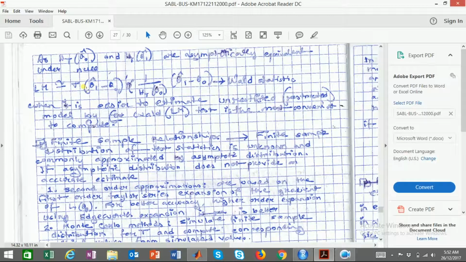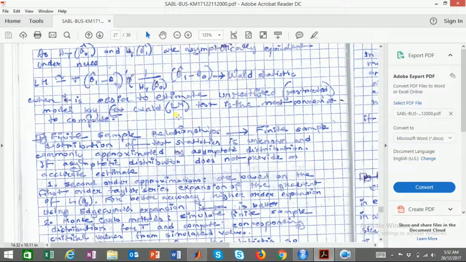Previously we showed that the likelihood ratio statistic converges asymptotically, and the Lagrangian multiplier statistic converges asymptotically too. Wow, that's very interesting. When it is easier to estimate the unrestricted model, the Lagrangian multiplier or Wald test is the most convenient to compute.